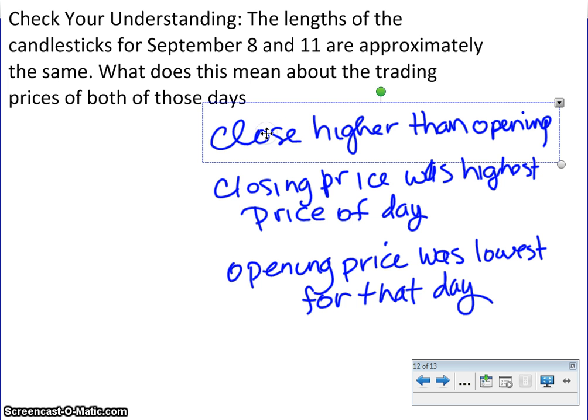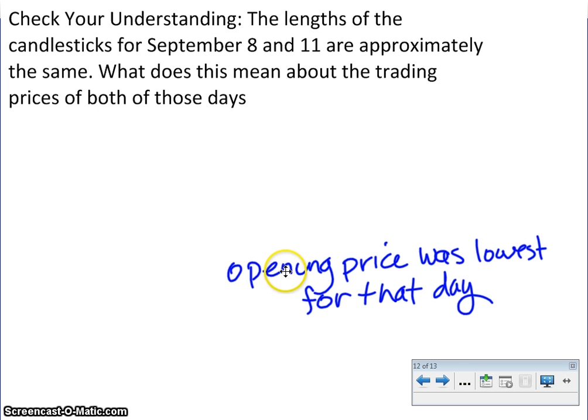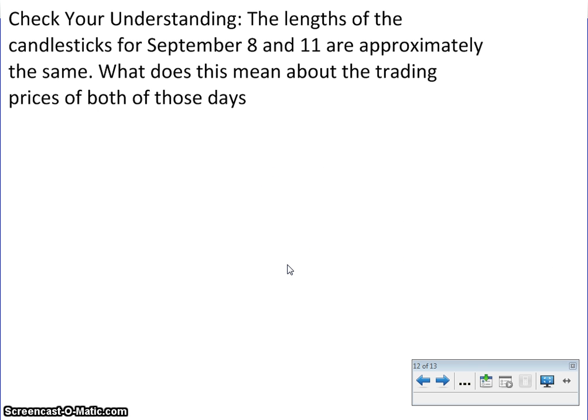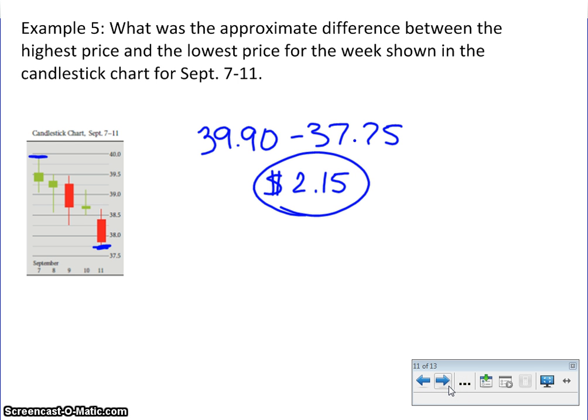Okay, so looking at this, we see here that the lengths of the candlesticks on the 8th and the 11th are approximately the same. What does this mean? Go ahead and press pause, think about it for a moment, and then come back when you're ready.